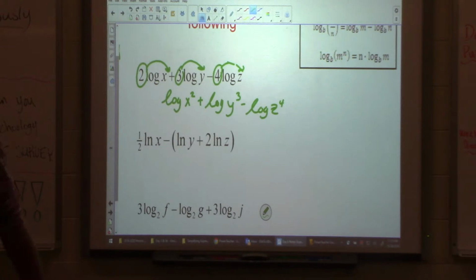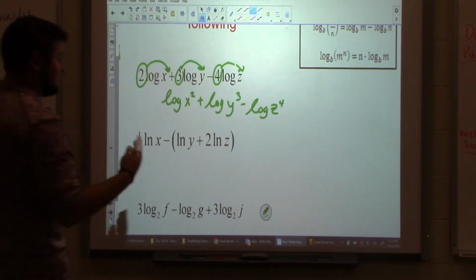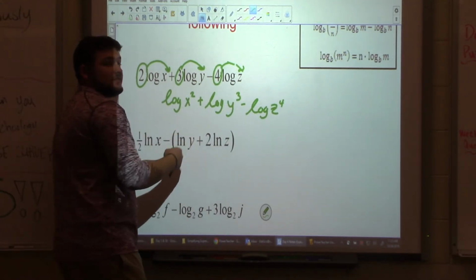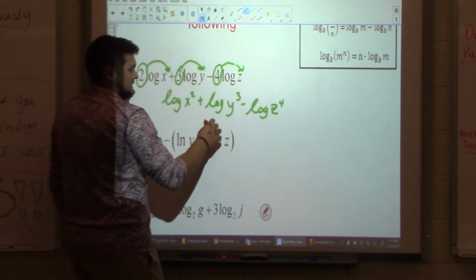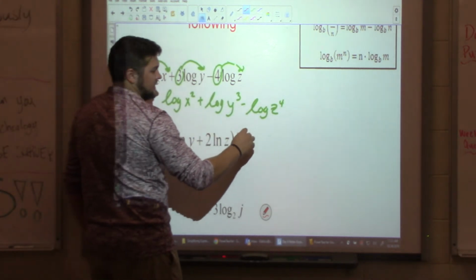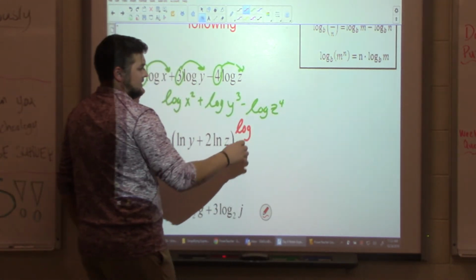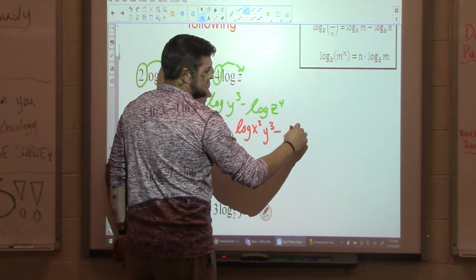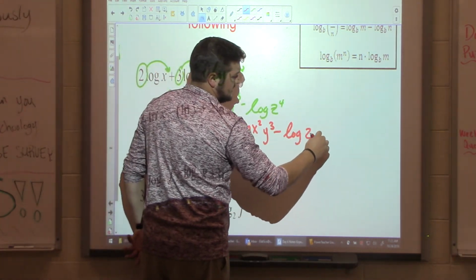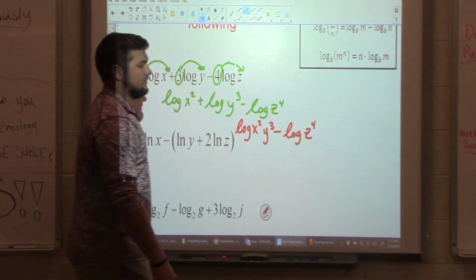That's the first step. Second step, any addition or subtraction in there? Yeah, I got both, right? I'm going to do the addition first, and then I'll do the subtraction. So addition turns into multiplication. I get log of x squared y cubed minus log z to the 4th.